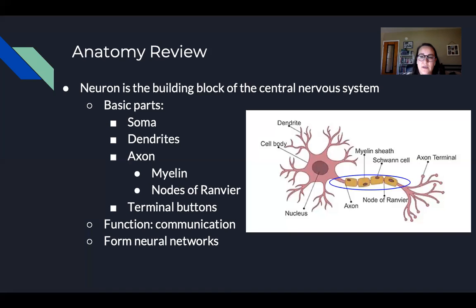The inclusion of this myelin sheath and the nodes of Ranvier actually allow the message to be passed down the axon really quickly, even more quickly than it would if it was just one continuous myelin sheath. The reason for this is because the signal can then jump from node to node, from node of Ranvier to node of Ranvier. The way I kind of think about it is the axon being like a sidewalk.